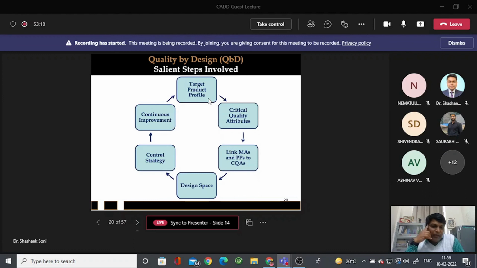So what is our target product profile? In our tablet, the weight variation should be minimum, 5%, its friability should be less than 1%, its DT should be less than 15 minutes, its dissolution should be more than 85%, and it should show a good uniformity of content, within 98 to 100%. These are the QTPP, quality target product profile.